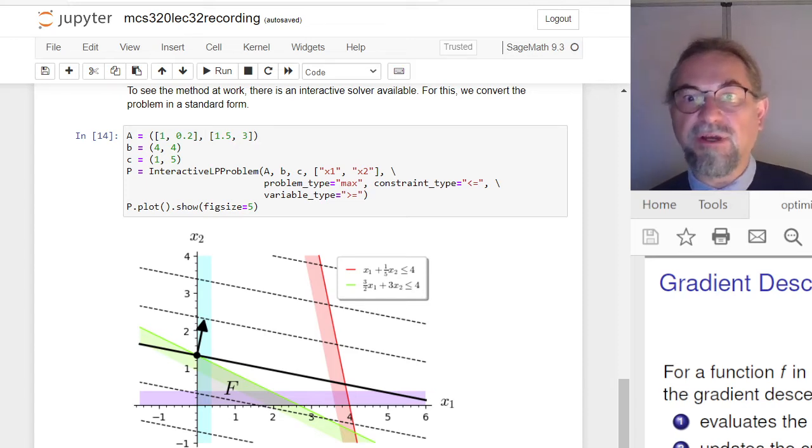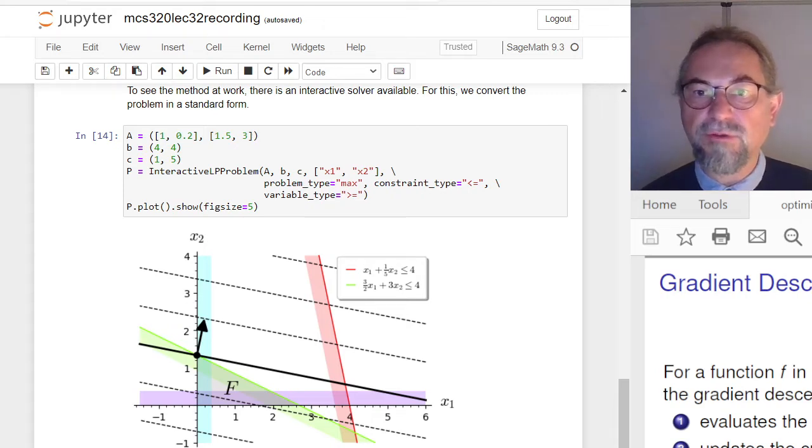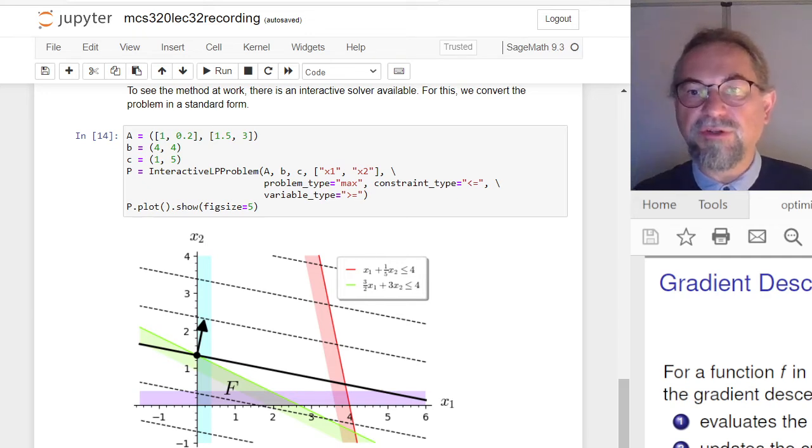And we also have the nice visual representation, but we are limited to a standard form. So there are two types of standard forms. So instead of the max, we have the min, and then typically the constraint type is larger than or 0. Here the variable type indicates the non-negativity constraints.